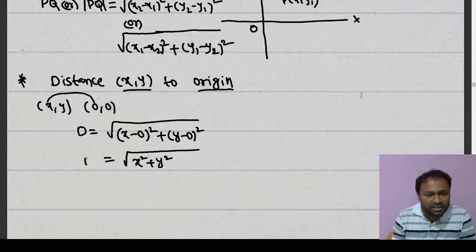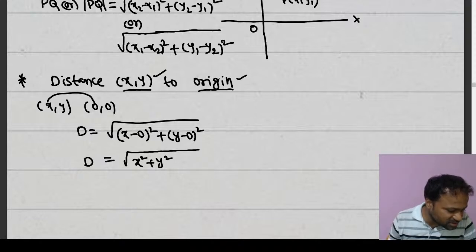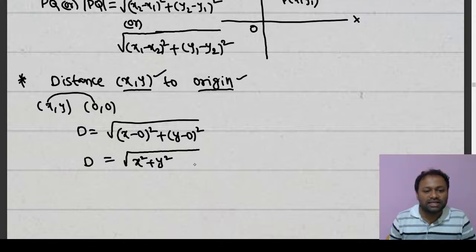This is the distance from the point to origin. Okay, this is the direct method. So distance is equal to under root of x square plus y square.